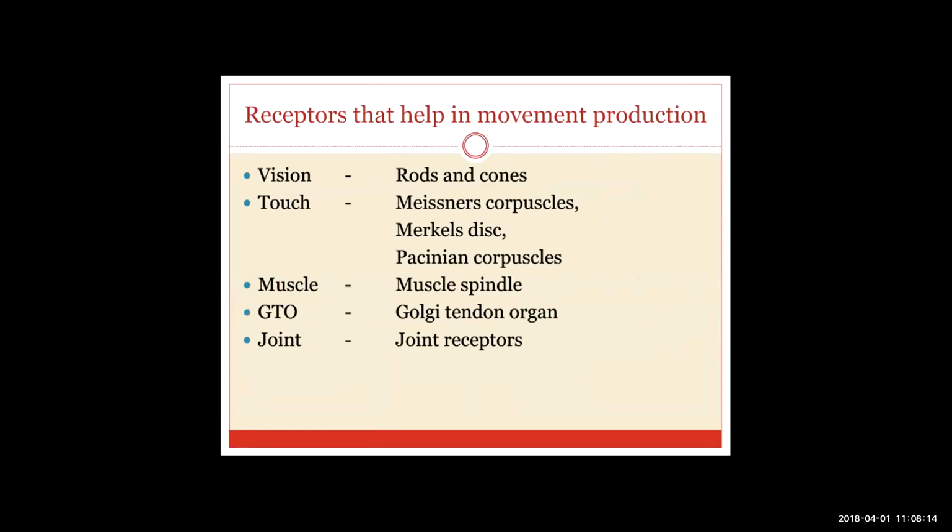Muscles are supplied by muscle spindles. The tendons contain Golgi tendon organs. The joint contains joint receptors. So these are the plethora of receptor systems in the body. All these receptors provide one or the other information to the brain, and the brain has to understand it and produce its responses.